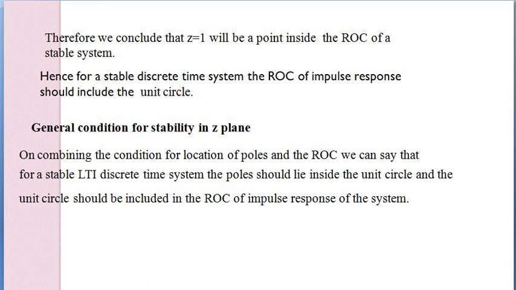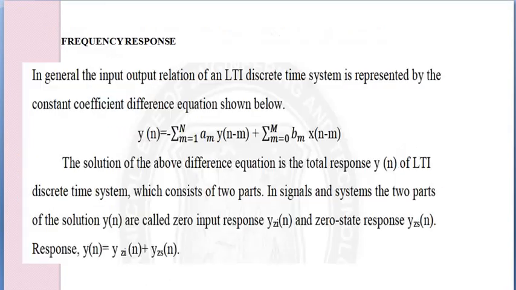General condition for stability in the Z plane, on combining the condition for location of poles and the ROC: for a stable LTI discrete time system, the pole should lie inside the unit circle and the unit circle should be included in the ROC of the impulse response of the system.